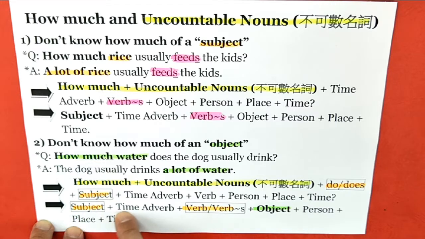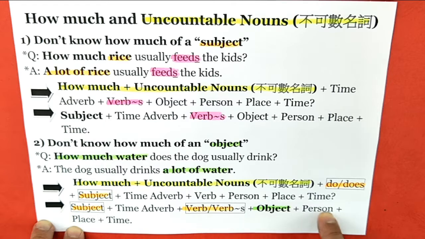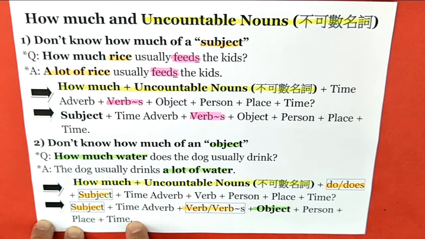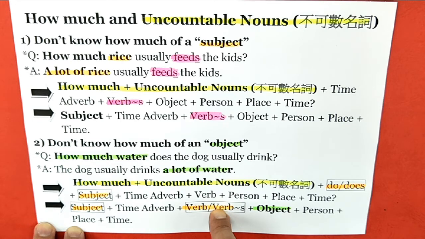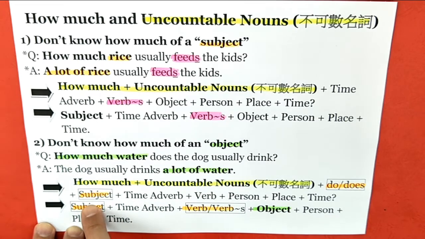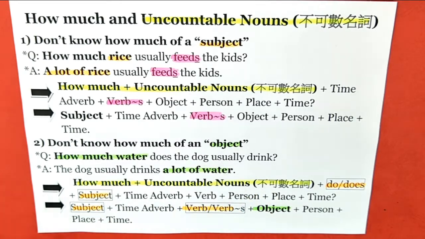Answer: subject plus time adverb plus verb or verb plus s plus object plus person plus place plus time. Remember again, the subject and the verb must agree. Subject I, you, we, they, verb. Subject he, she, it, verb plus s.